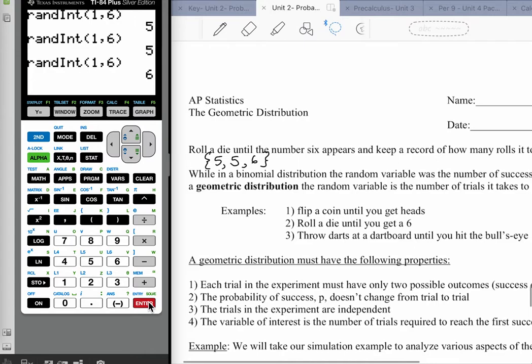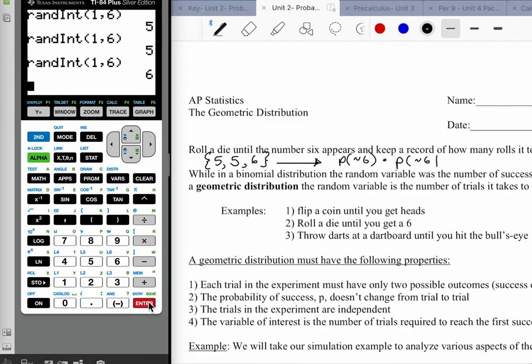So what we're looking at here is the event or the probability that you do not get a 6, times the probability that you do not get a 6 given that the previous attempt did not give you a 6.